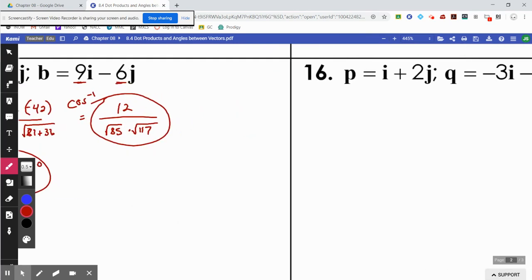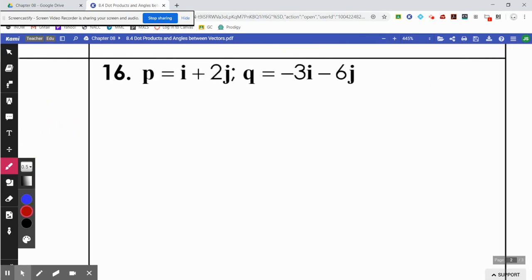And the next one, number 16. Again, step number 1, cosine of theta is equal to the dot product on top. So let's find the dot between P and Q. That'll be 1 times negative 3, which is negative 3, plus 2 times negative 6, which is a negative 12. So your dot product is negative 15.